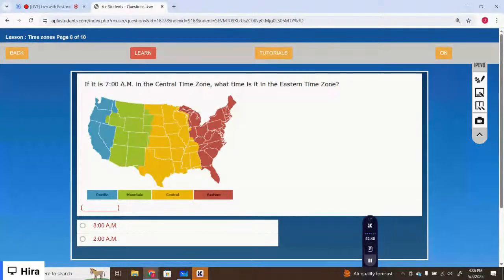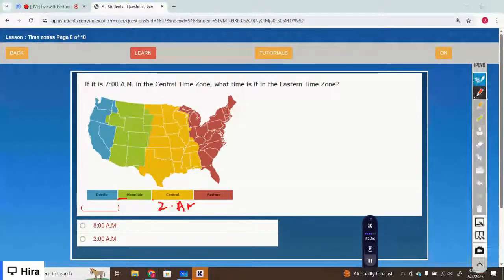It is 7 a.m. in the central time zone. What time is it in the eastern time zone? So in the central time zone, that is 7 a.m. So eastern is 1 hour ahead.